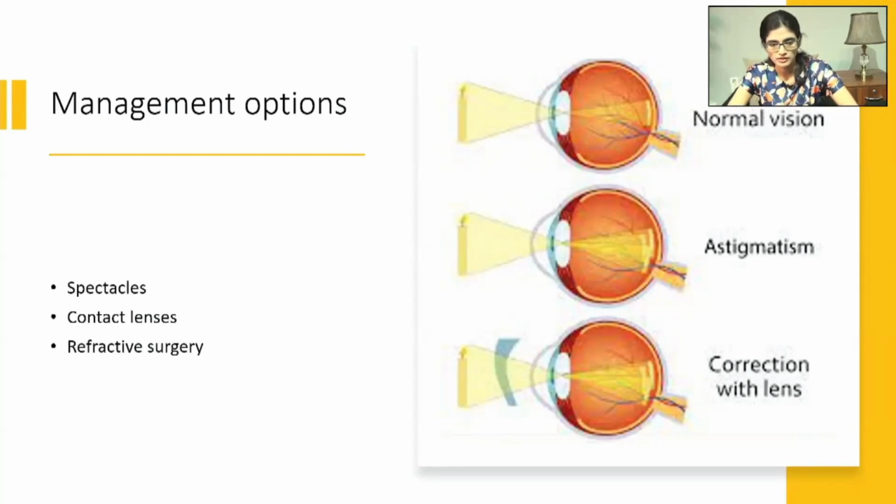So for certain irregular astigmatisms and very high regular astigmatisms, you can try contact lenses, which will be better than spectacles. Refractive surgery and other lamellar types of surgeries may also benefit certain types of astigmatism.